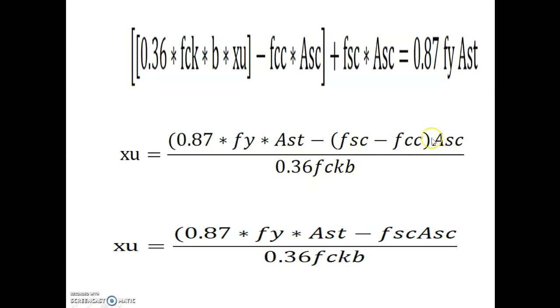In this case, we neglect the fcc into Asc value, as it is very small compared to fsc into Asc. Further we get xu equal to (0.87 fy Ast minus fsc into Asc) by 0.36 fck b. By using this equation, we can calculate the depth of the neutral axis xu value.